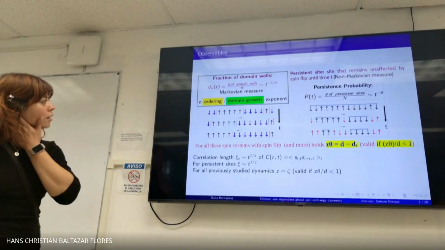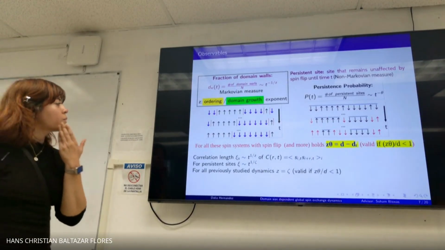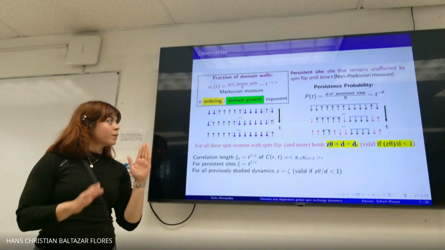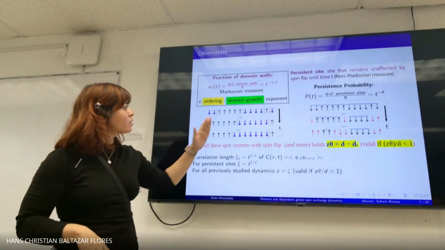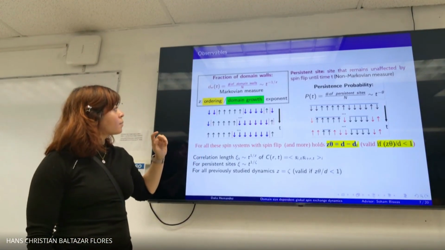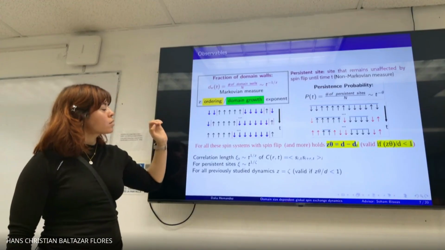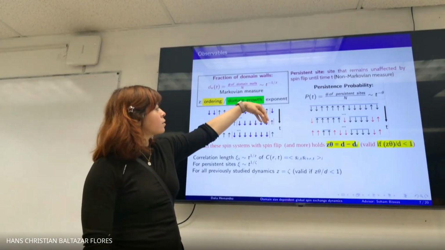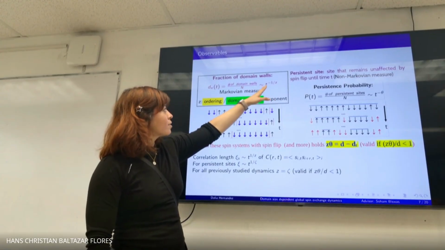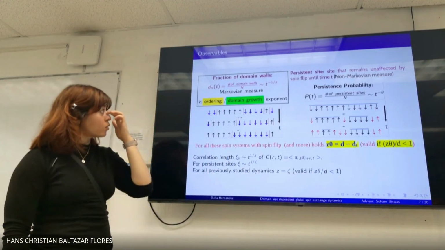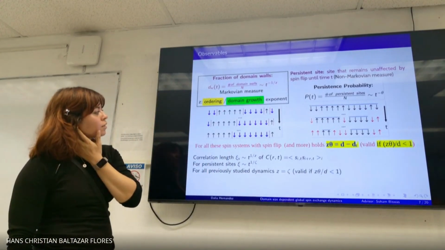We study the fraction of domain walls. Between domains, we have imaginary walls. Those are our domain walls. And this fraction of domain walls decays with time as a power law with exponent 1/z, where z is the domain growth or ordering exponent.